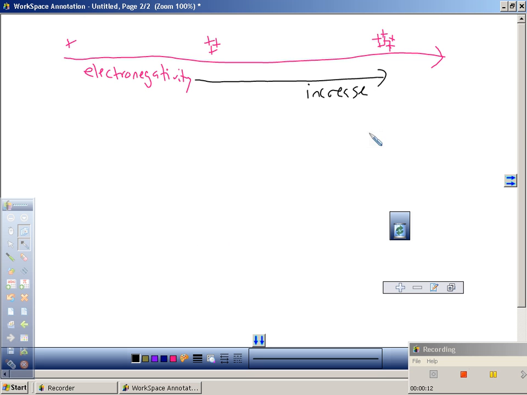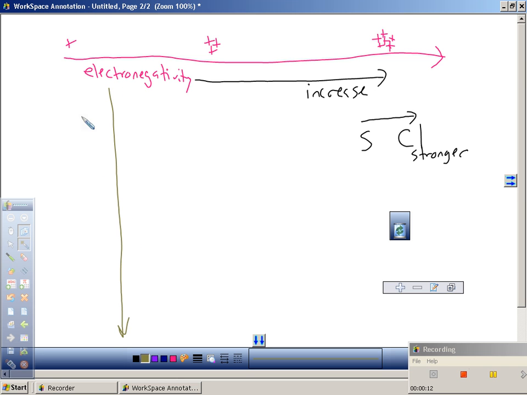So if I have two atoms like sulfur and chlorine, that's where they sit on the periodic table. Chlorine's to the right. Electronegativity increases in that direction, so chlorine is stronger. As I go down a group, the most important thing is shells.